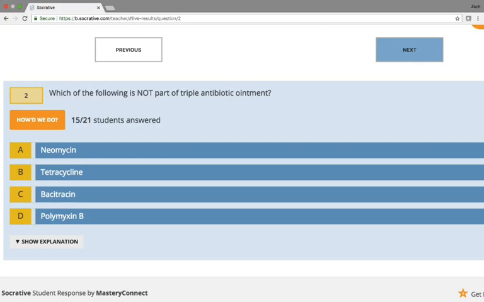So triple antibiotic ointment, one of the most widely used antibiotics. In fact, it's probably the only one that I can think of inside the US that's actually available over the counter. Most other ones, you have to get a prescription for, right?